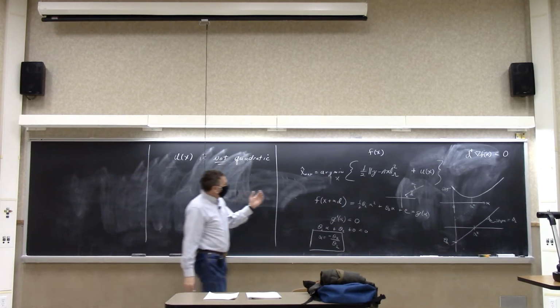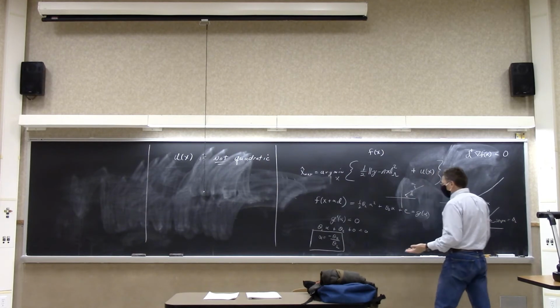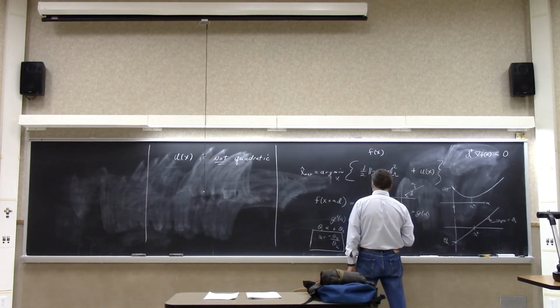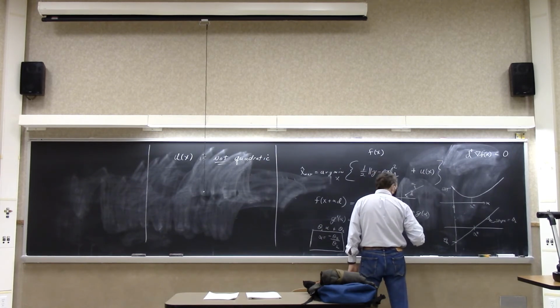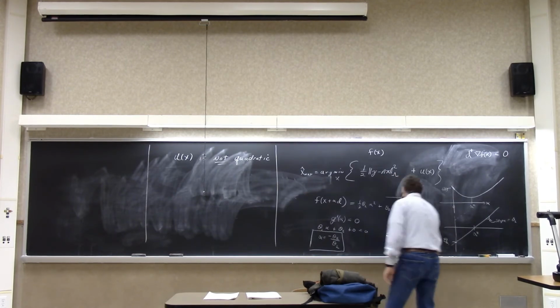The other thing here is that theta 1, by the way, is equal to the derivative of f of x plus alpha d with respect to alpha, okay? And I can compute what that is.